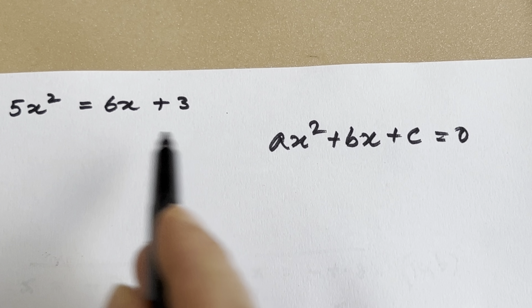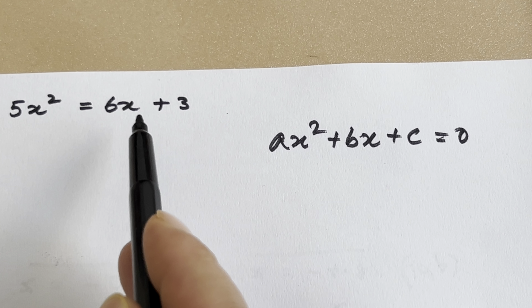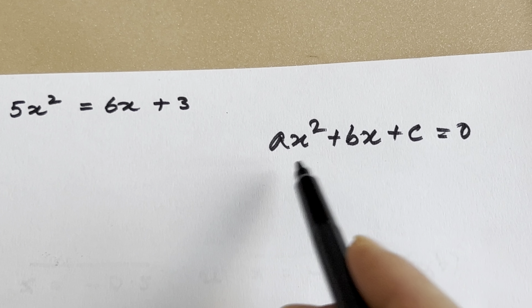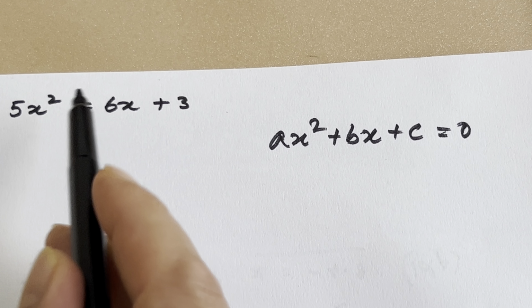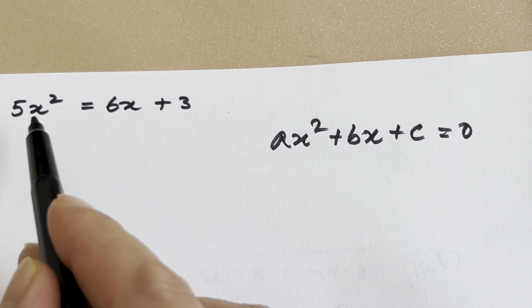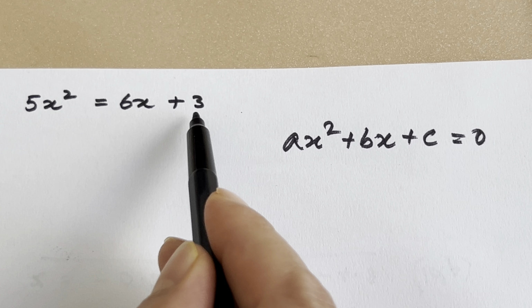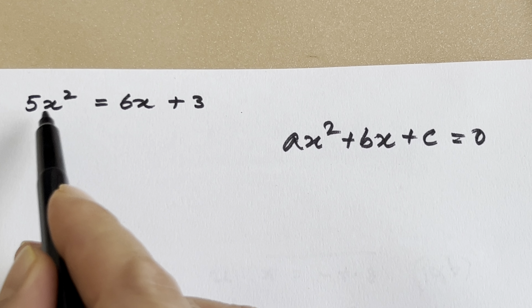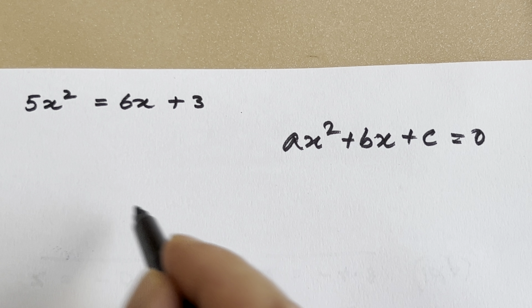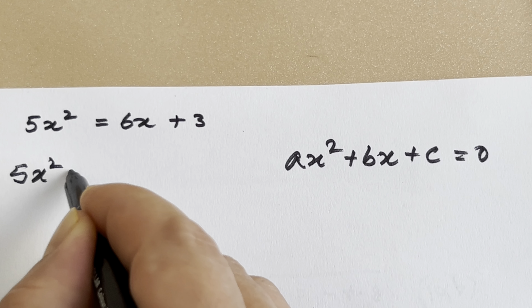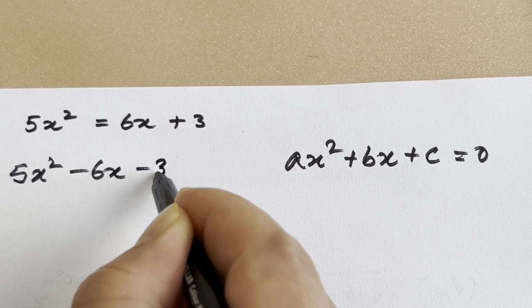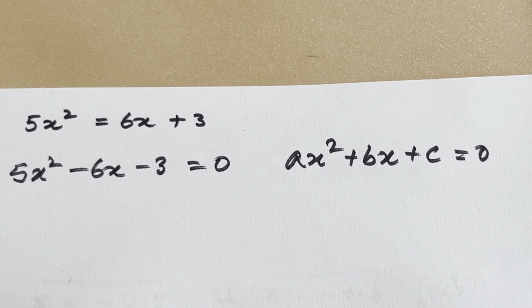And this one is not in that form, so we need to rearrange this and put it back into its standard form. So subtract 6x from the right hand side and do the same thing on the left hand side, and subtract 3 from the right hand side and do the same thing to the left hand side. So when you do that, you will have 5x squared minus 6x minus 3 equal to 0.